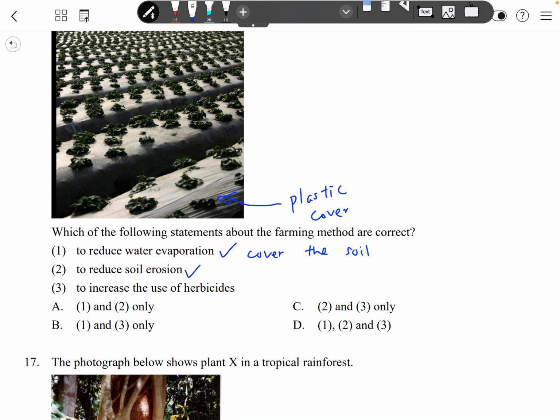Number 2, to reduce the soil erosion. Yes, same. They cover the soil so as to reduce the soil erosion. Number 3, to increase the use of herbicides. No. They just cover the land but not to increase the use of herbicides.